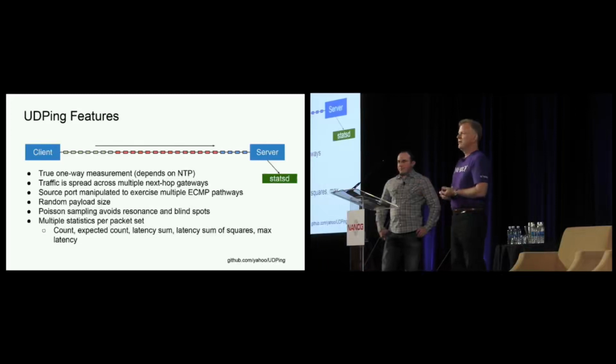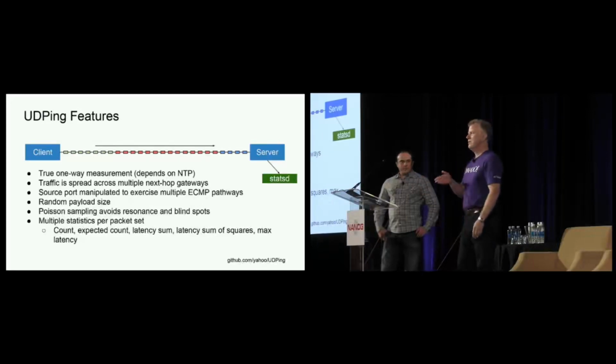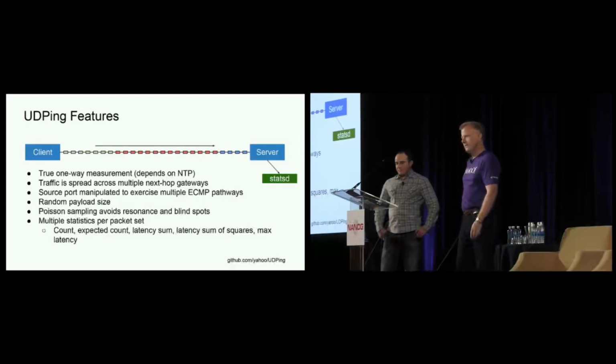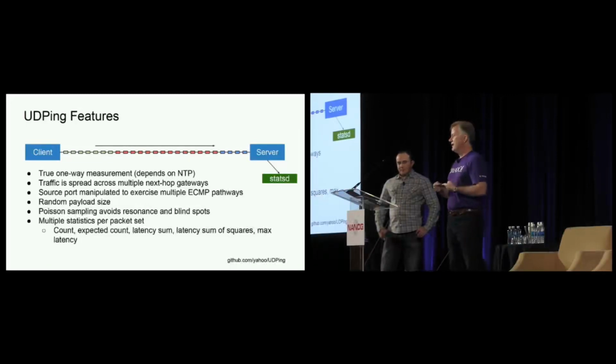And since we're writing the link-level header, we can use as many source ports as we want. You don't actually have to bind to a UDP socket or port. You just throw the packets on the wire and they go. That makes it easy to deconflict multiple instances of UDPing running on a single client machine.